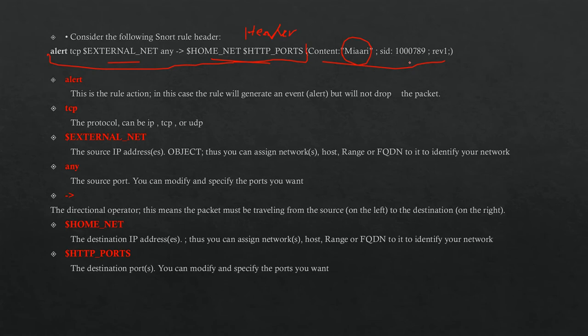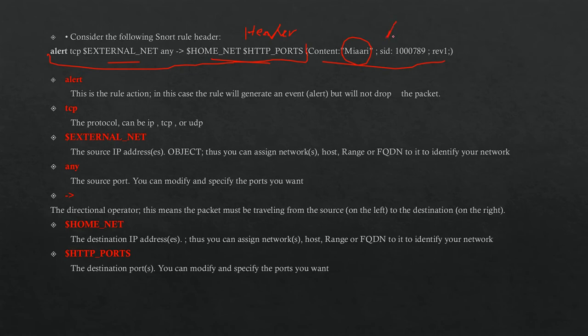So this is the signature ID. This is the revision of this rule. You don't need to do anything to understand how it's working and how it can be customized, because Cisco Talos did a huge job for you.